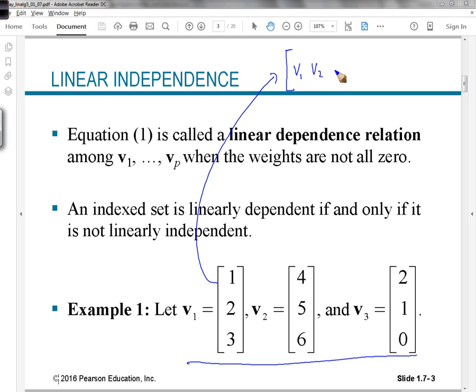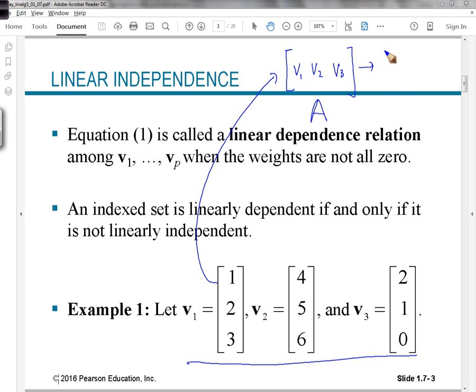We form this matrix, which is our matrix A, change it to the echelon form, and then we see if there is a free variable or not. That is all that we have to do here.